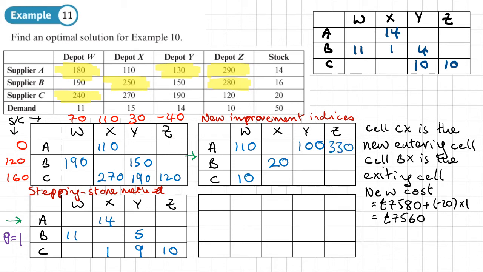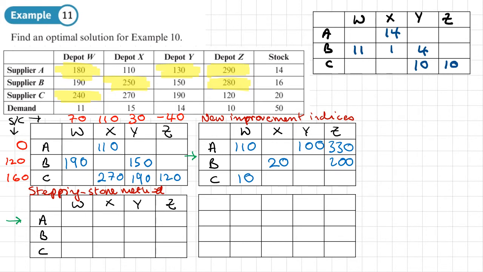And then the last one, the 280, that would be here. So 280 minus 120 minus negative 40. So 280 minus 120, plus 40. And that gives us a value of 200. So we'll just put that in, 200.